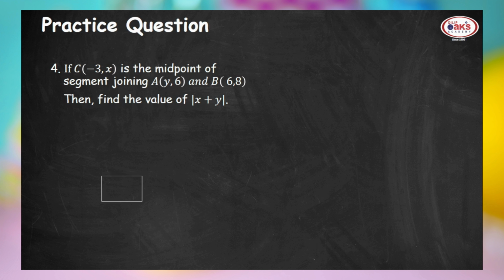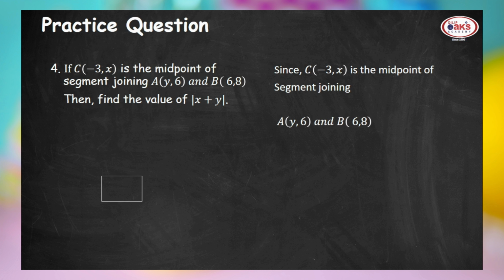So to solve this problem, we will apply the simple midpoint formula. By the way, the extremities of the segment are A (y, 6) and B (6, 8). Applying the midpoint formula, we get that the midpoint (-3, x) is equal to ((y + 6)/2, (6 + 8)/2).